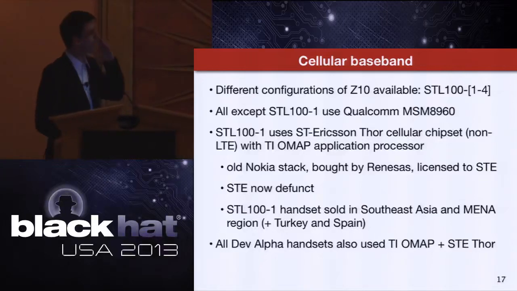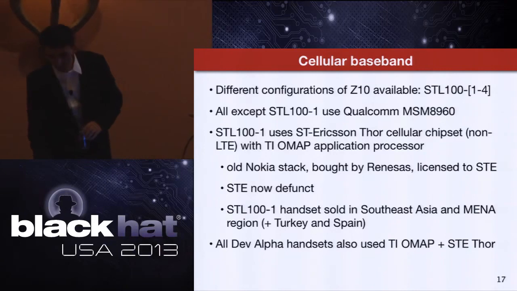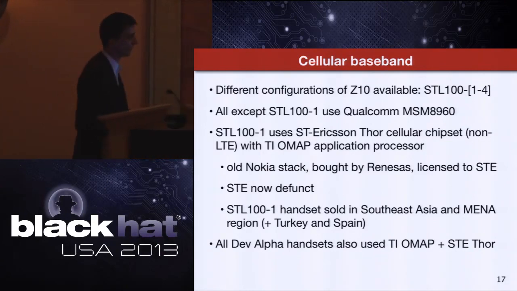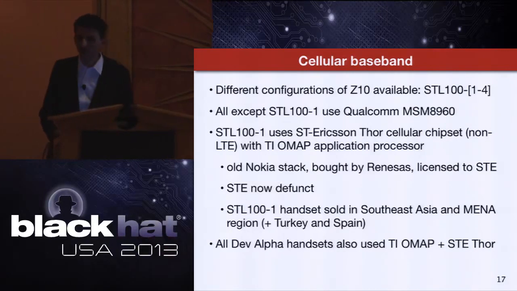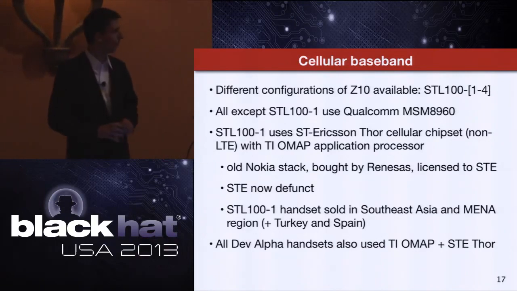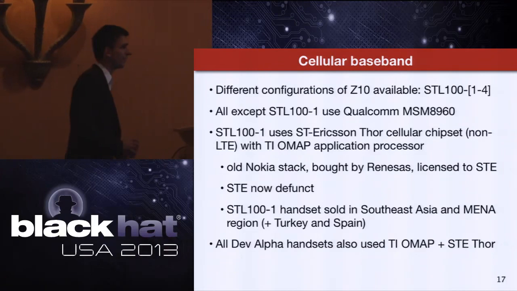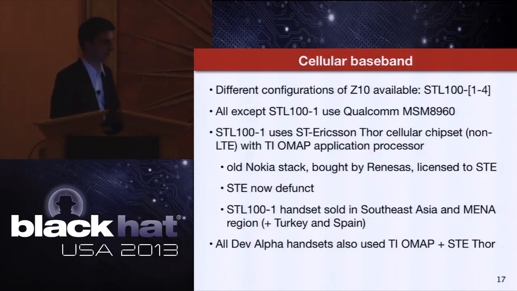So for the baseband, there are different configurations of this Z10 available. I have looked at the other device, and the Z10 seems to be the only one where this is the case. And all of the handsets except for the STL100-1 use Qualcomm chips. But this STL100-1 uses an ST Ericsson Thor cellular chipset with a TI OMAP application processor.